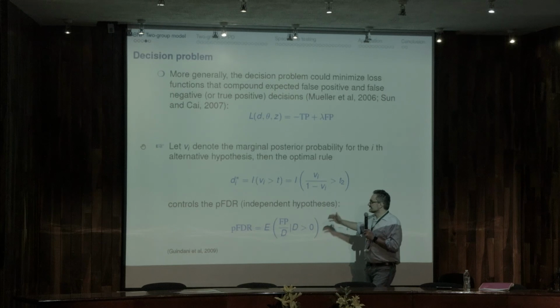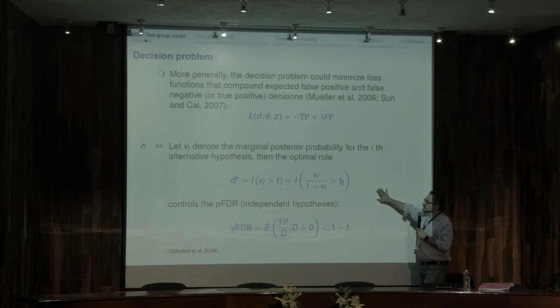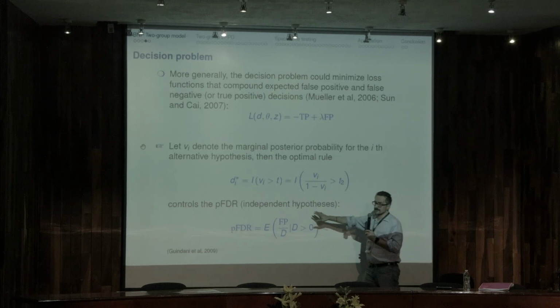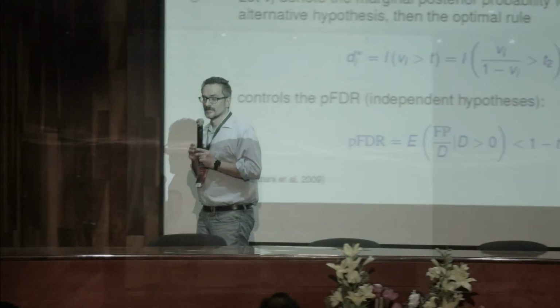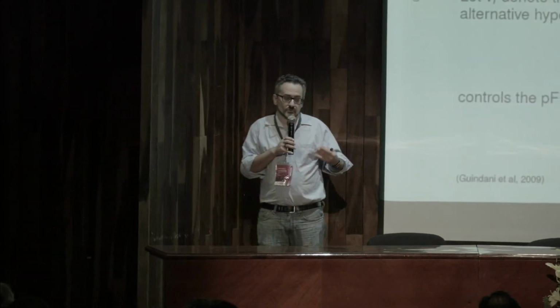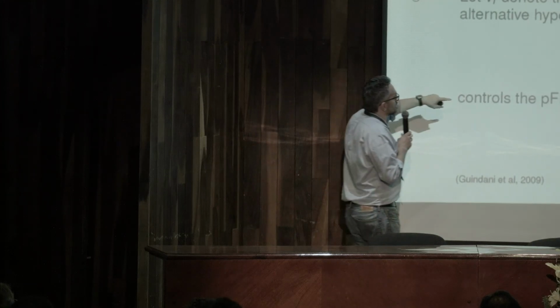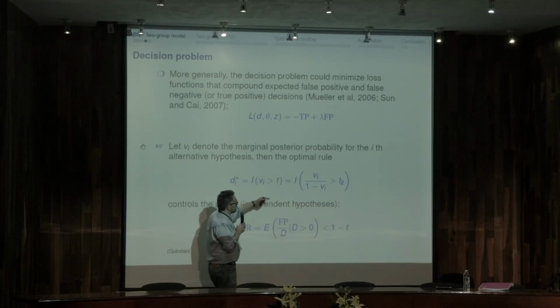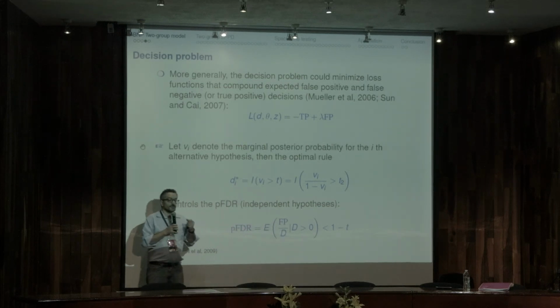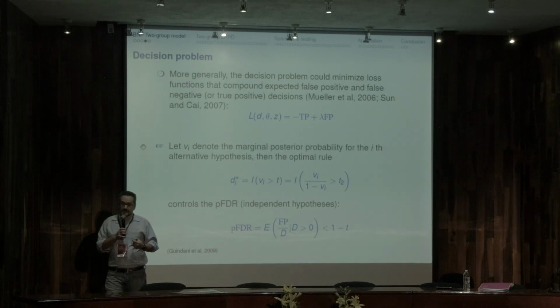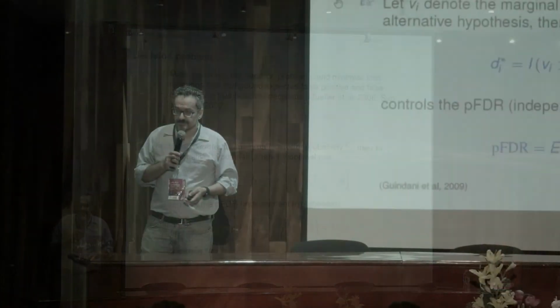And this can also be done to control, at some level, a measure of false discovery rate. In particular, it is possible to show that by choosing the optimal rule, thresholding the posterior probability of the alternative, you can control the marginal positive FDR in the case of independent hypotheses.